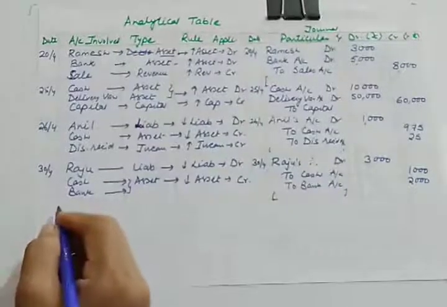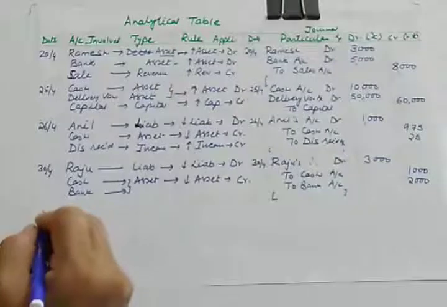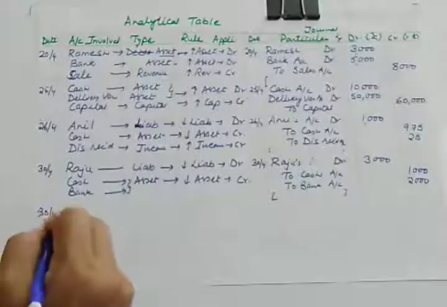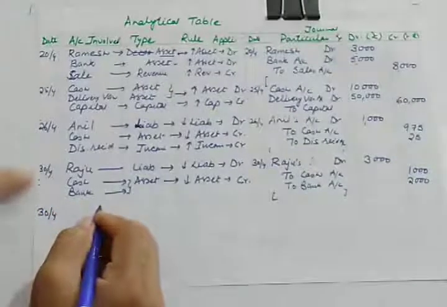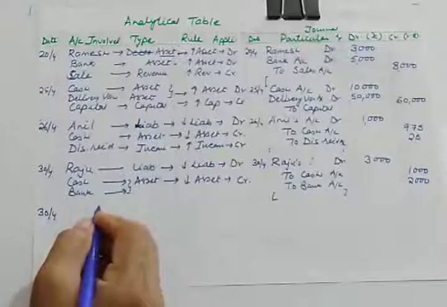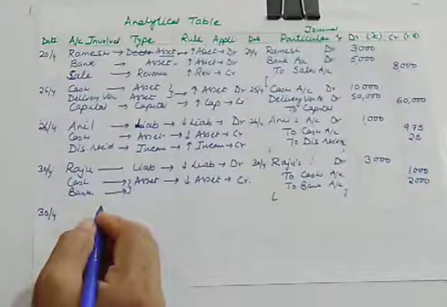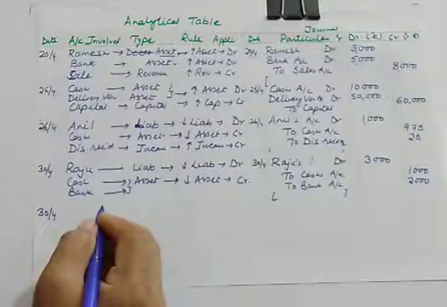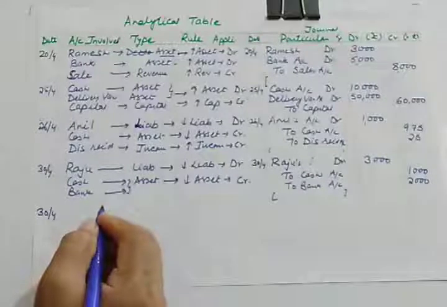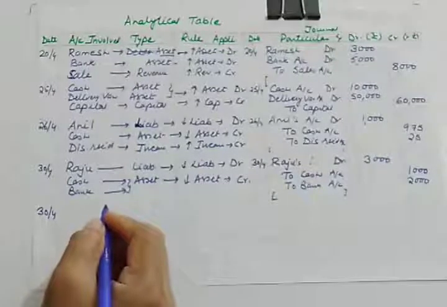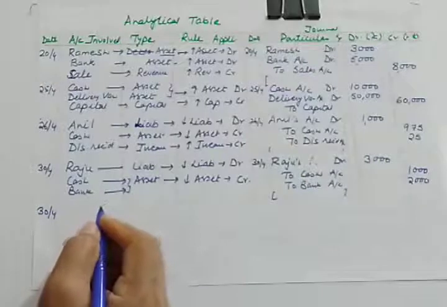Now next transaction is on 30th April again. So date wise we are recording systematically by following the rules of debit and credit. Paid rupees 4800 to Mohan in full settlement of his account of 5000. So here also we are making payment to Mohan.